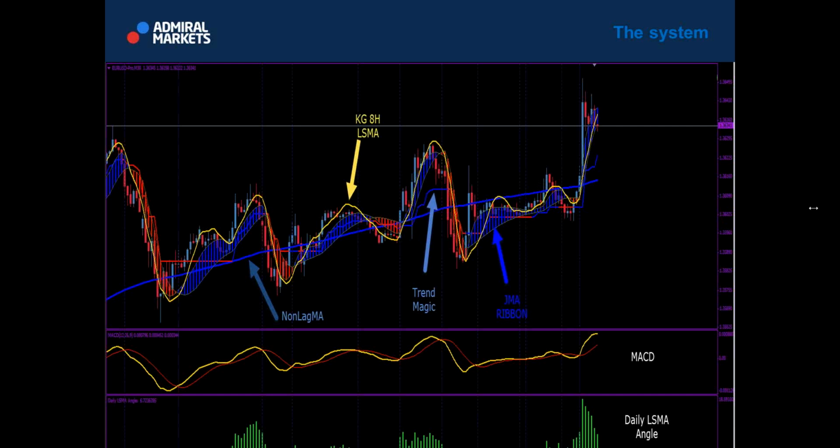The question, what is repaint? That is the worst you can experience if you're trading a custom indicator-based system.